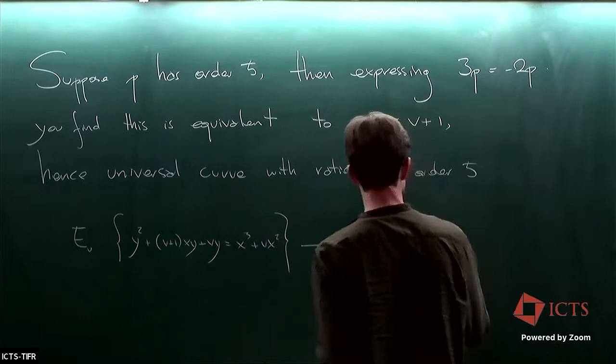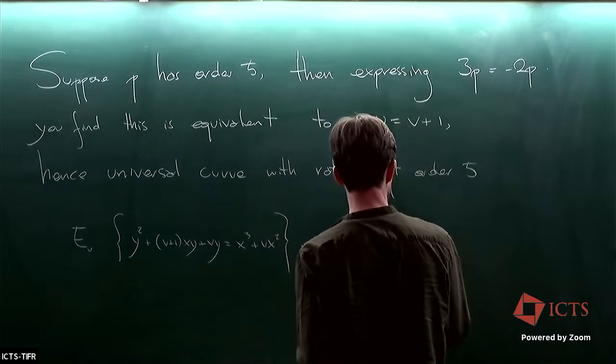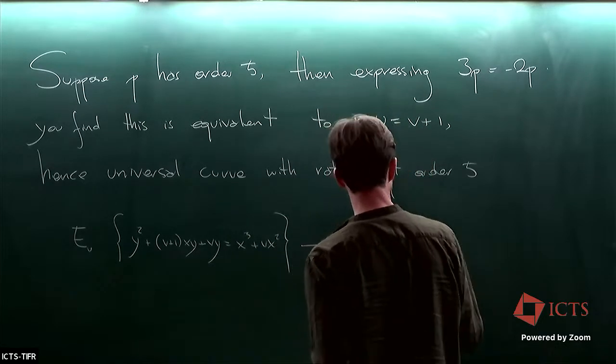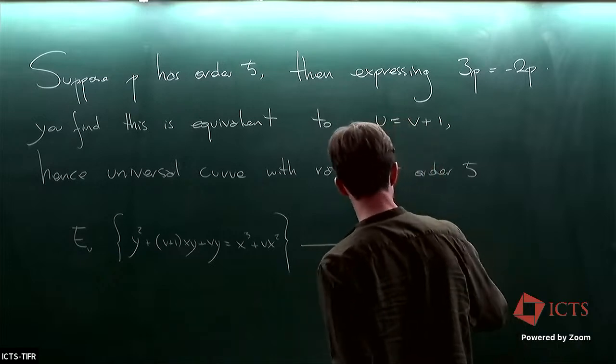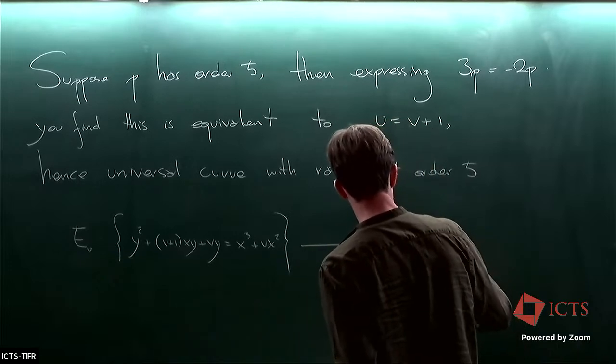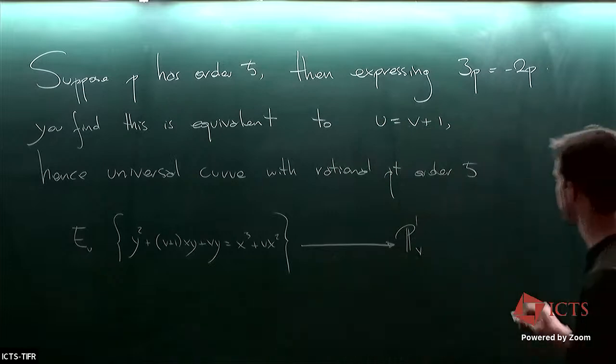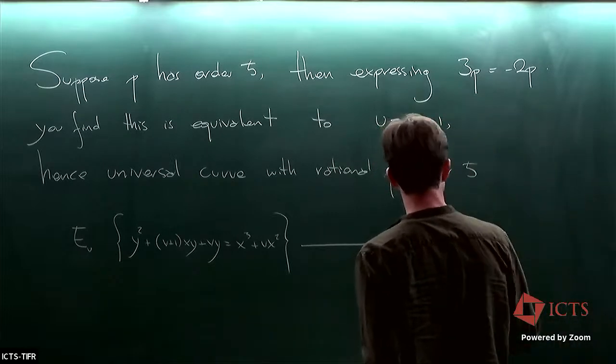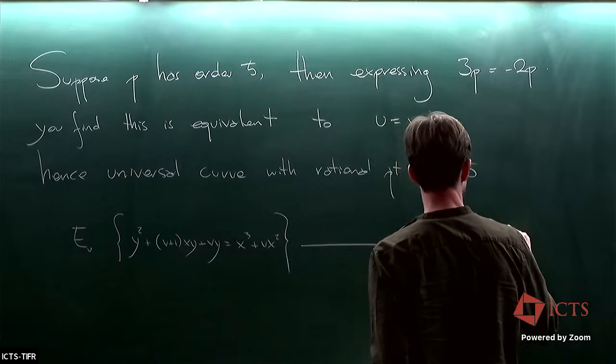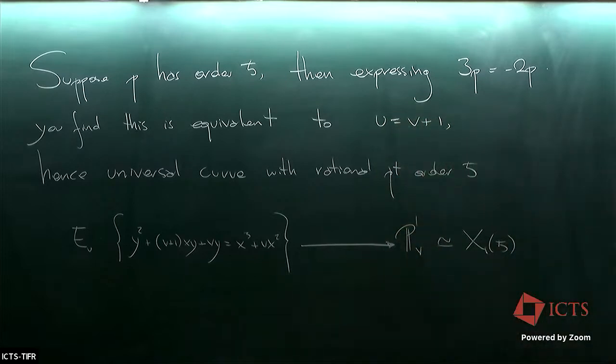So this lives above the projective line with coordinate v. And this is our parameter space for elliptic curves with a point of order 5. So another way of saying that is that we found really that X1(5), the modular curve as it was defined this morning, is isomorphic to P1. In fact, all of this happens over Q, if you like.